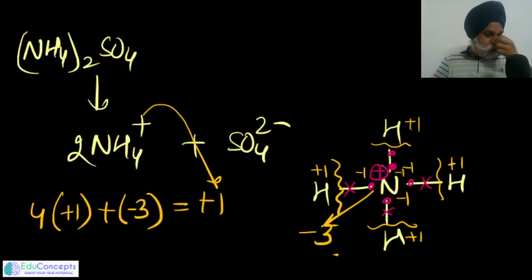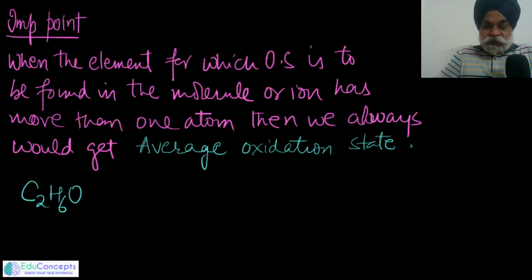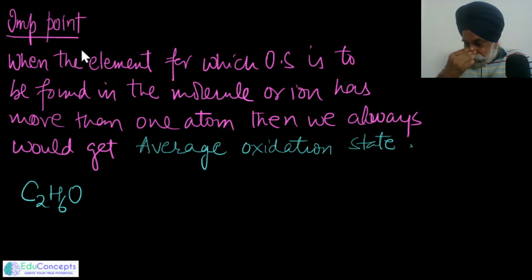Now coming to the important part of the discussion, which in the video may go in length, but this is very, very important. When the element for which you want to find the oxidation state has more than 1 atom in that particular molecule, just like in this case, you are interested in finding the oxidation state of carbon, but the number of carbon atoms in this molecule is more than 1, then the oxidation state you get from the formula is an average oxidation state.